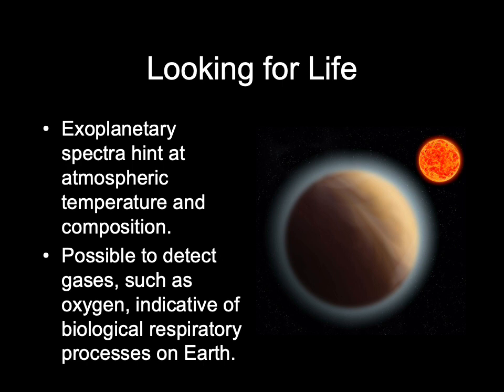It's one of the reasons why our atmosphere is so different from the other atmospheres in the solar system. So one thing that astronomers are looking for when we do detect atmospheres of exoplanets is oxygen. Because if we find large amounts of oxygen, then that could be an indicative sign of life.